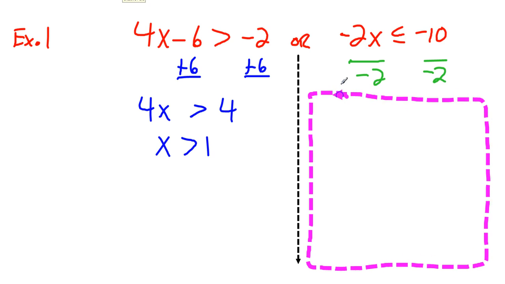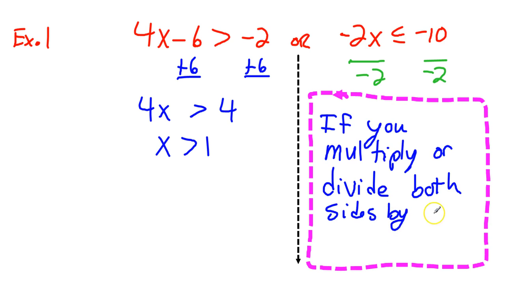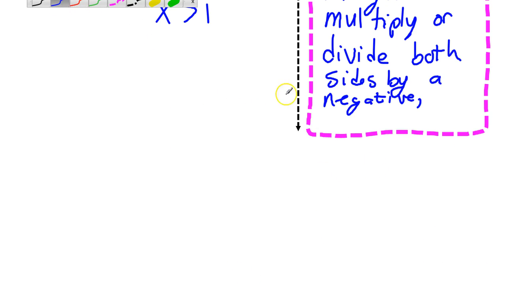That's right here: if you multiply or divide both sides by a negative, that's the one time you have to change your inequality sign, your less than or greater than sign. So we'll just say flip your inequality.